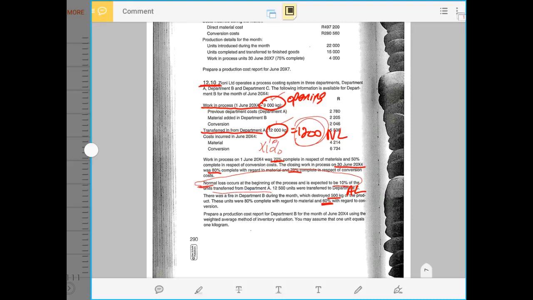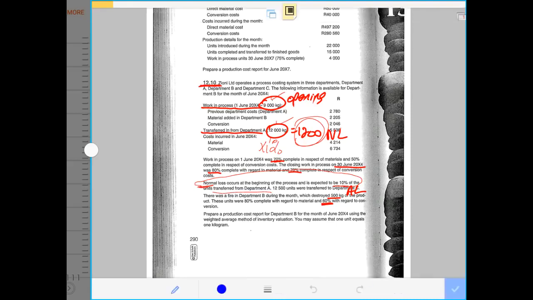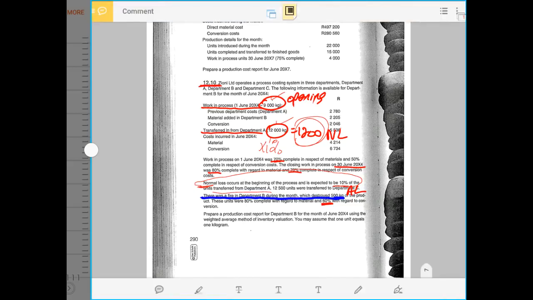Secondly, we need to acknowledge the abnormal loss, because there was a loss because of damages, where it says there was fire in the building. So in this case, because of fire, there were damages in the units that we are producing, and that led to 500 kgs of our material to be damaged, which is equivalent to 500 units.